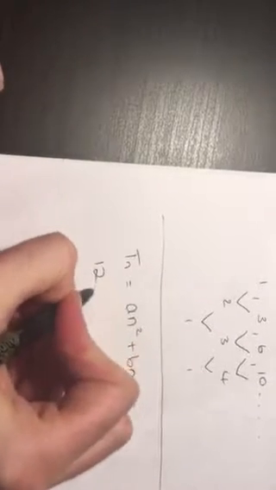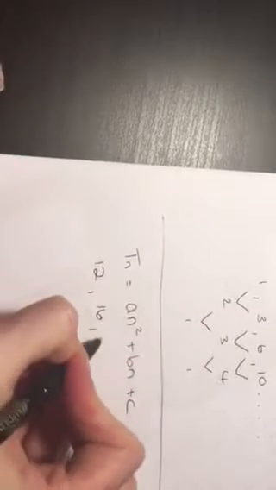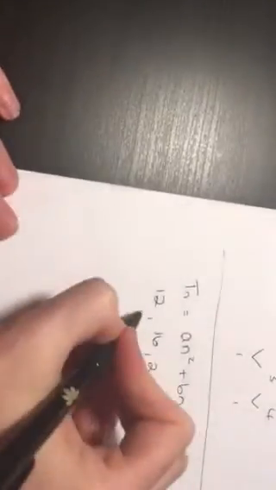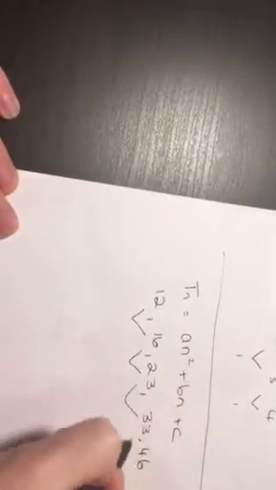Let's look at this example: 12, 16, 23, 33, and 46. Firstly, you need to check if it's quadratic.